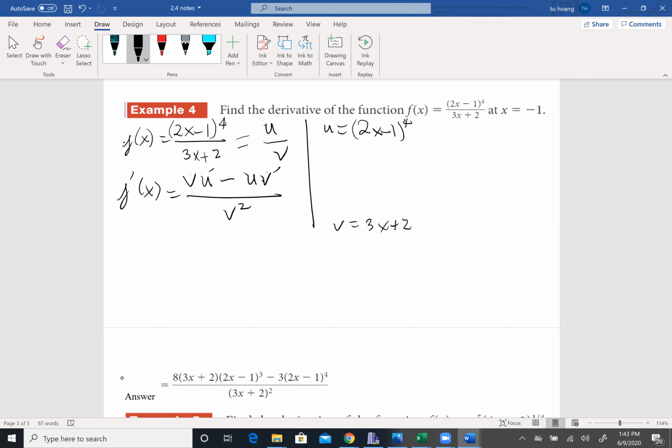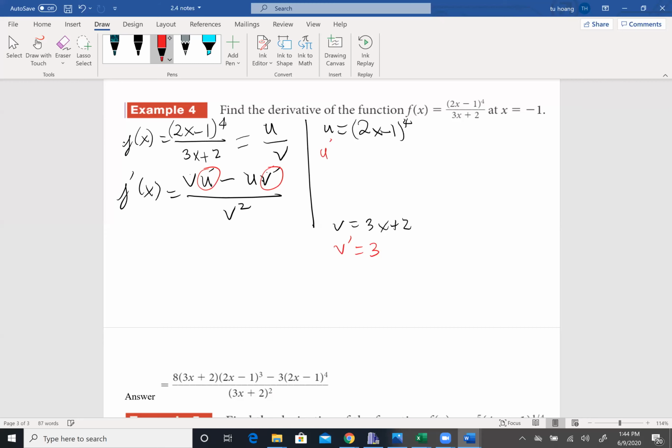Okay, the thing in here is we are looking for u prime, and we are also looking for v prime. U and v we know already. V prime is going to be a piece of cake: it's going to be equal to 3. But for u prime, it's going to be problems, right?